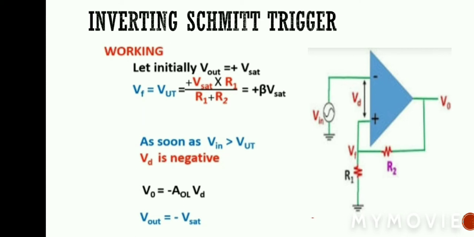So we can write VUT equals plus beta into Vsat. As soon as Vin exceeds VUT, where VUT is at the non-inverting terminal of the operational amplifier, since Vf equals VUT and Vin is greater than VUT, Vd becomes negative. Since it is negative, the output voltage is also negative and output voltage equals minus Vsat level.